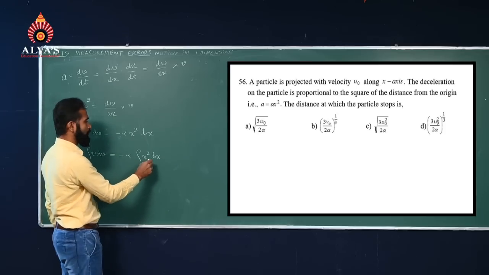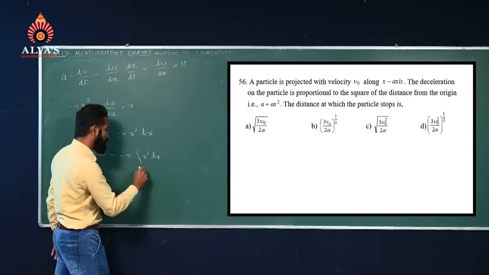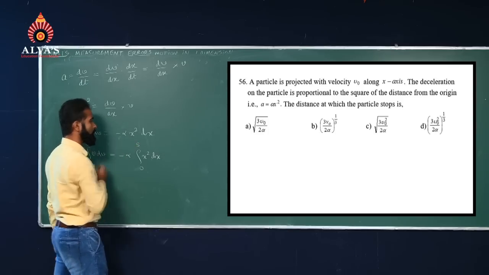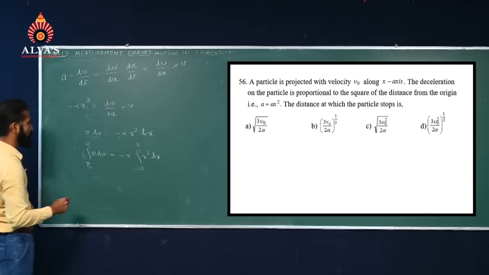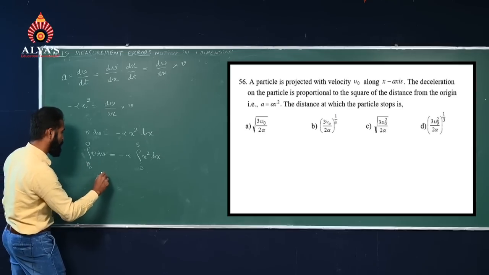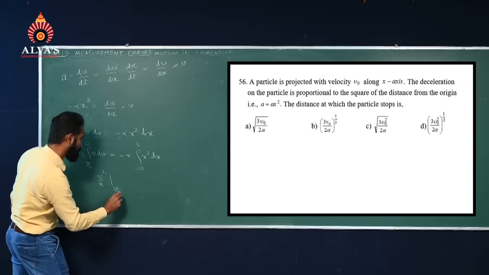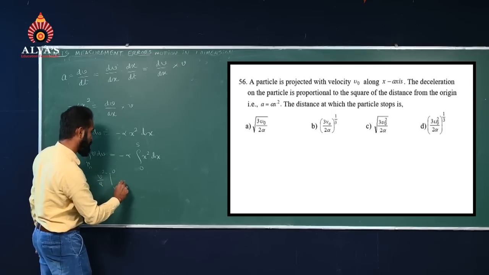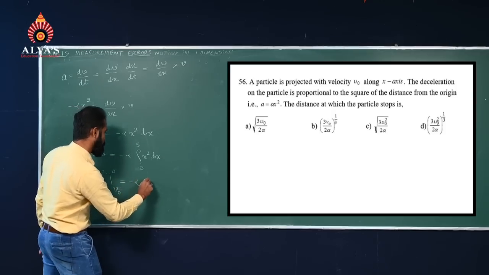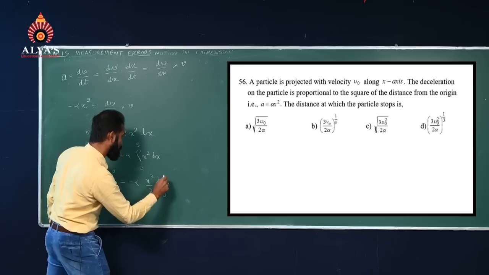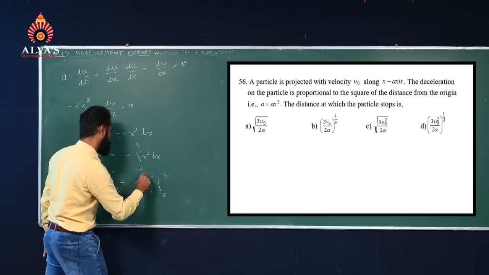On the other side, it's an integration with respect to distance. So initially it starts from origin, and final distance, let's take it as some s. So this will be v squared by 2 from v0 to 0. On the other side, minus of alpha, this will become x cube by 3 from 0 to some value s.